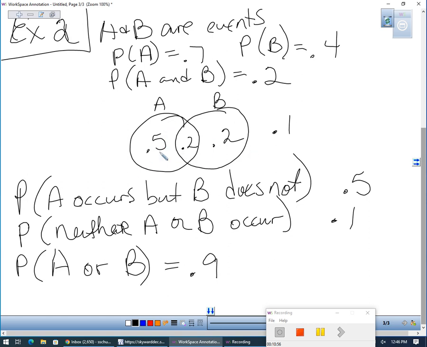We took our A's that were just A's, took our B's that were just B's, and we took our overlapping in the middle. Gave us 0.9. Questions so far? How are we doing? This is okay? Yeah. All right, so then let's move past the Venn diagram and do a tree diagram.